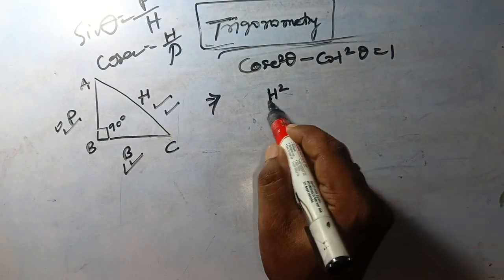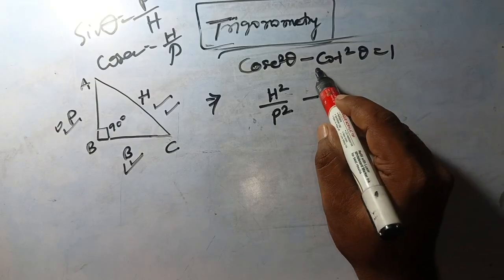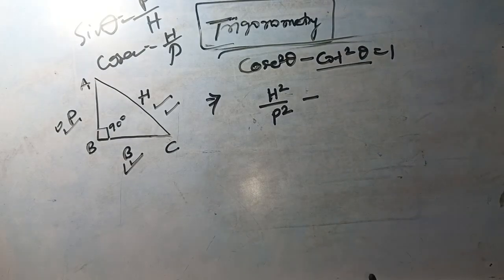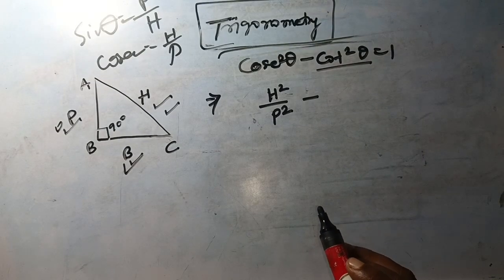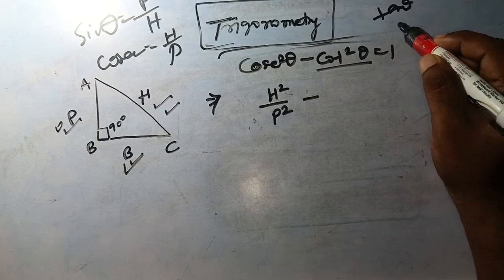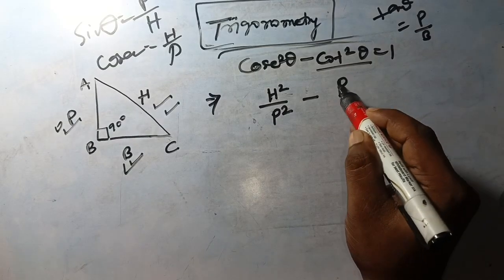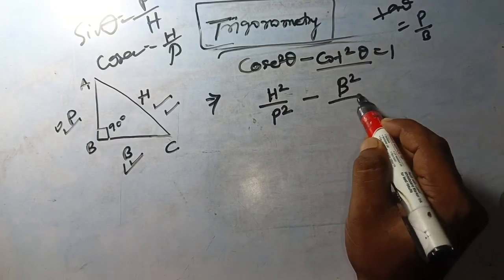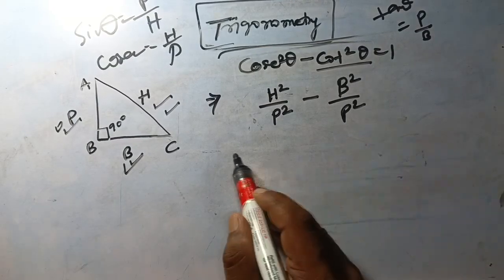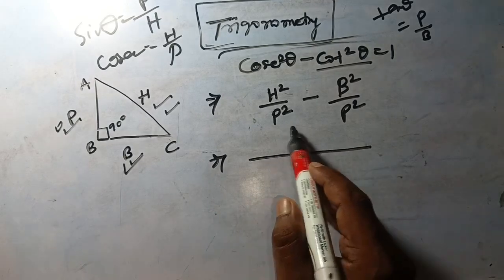So hypotenuse square upon perpendicular square minus, what is cot theta? It is the reciprocal of tan theta. What is tan theta? Tan theta is equal to perpendicular upon base. So it is base square upon perpendicular square. So now let's take the LCM.